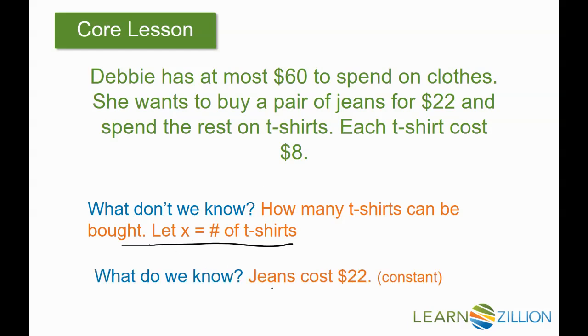We do know that jeans cost $22, and we're calling this a constant value. The reason that we call it a constant is because that number isn't going to change, right? The number of t-shirts may change, but we know she only wants one pair of jeans, so that value is not going to change.